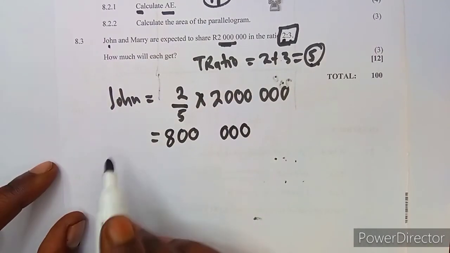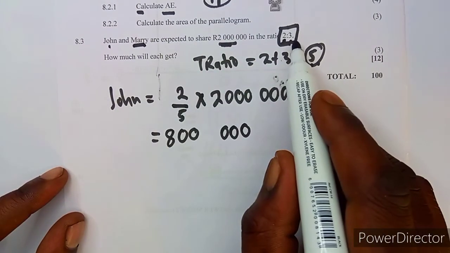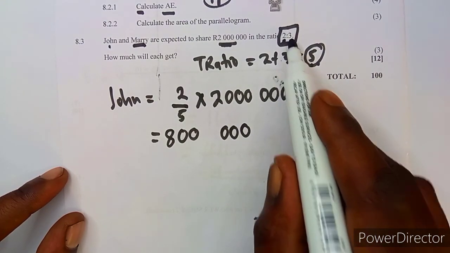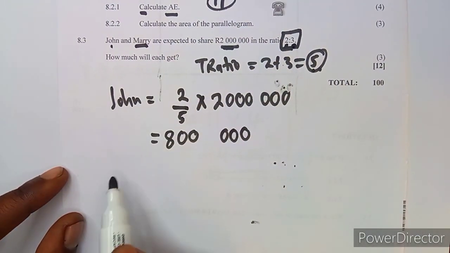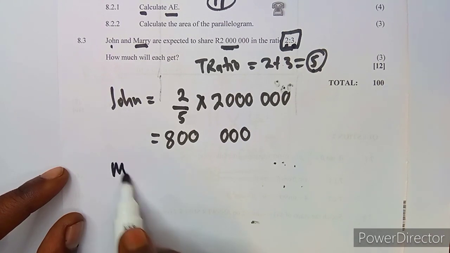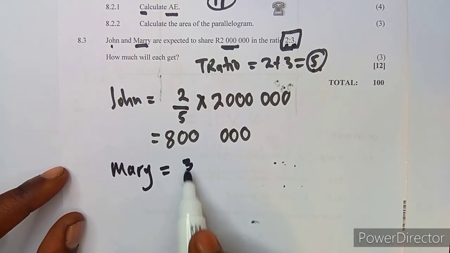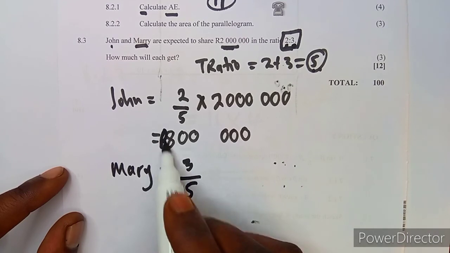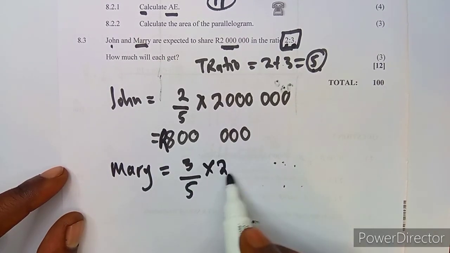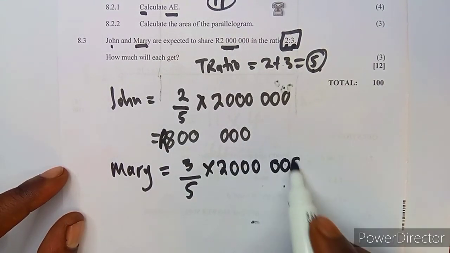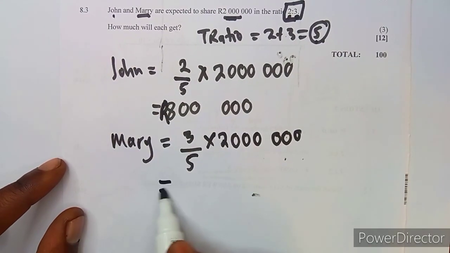The same thing for Mary. Mary obtained a ratio of 3, so it's going to be 3 over 5 times the 2 million rand. A lot of money actually.